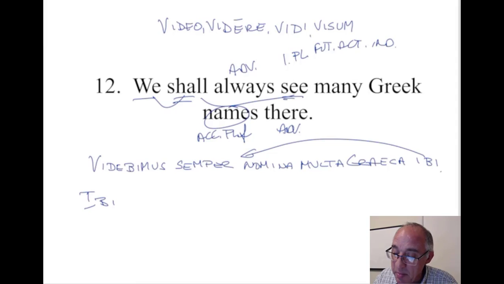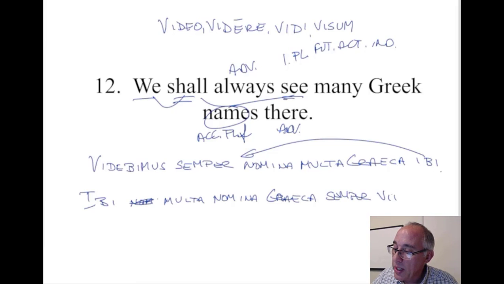I think in this case, ibi nomina multa nomina Graeca semper videbimus. I think it might be better sounding Latin in that case. We want to put the verb at the end. Just semper and ibi together just doesn't seem right to me. But again, we're focusing on the grammar right now, not the word order. The grammar for both of these sentences is perfectly fine at this stage of the game.